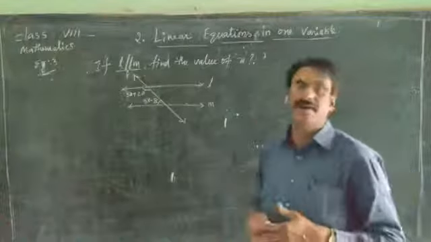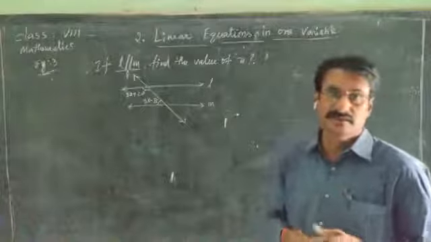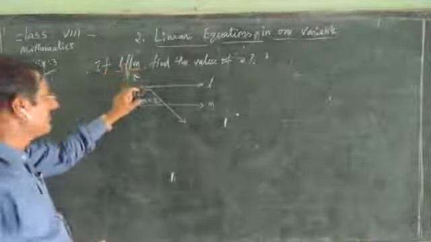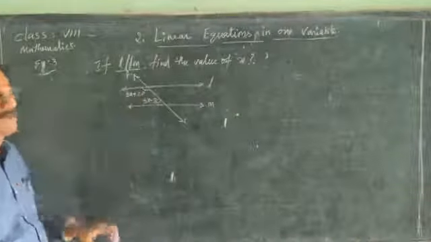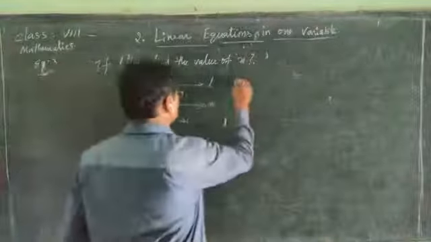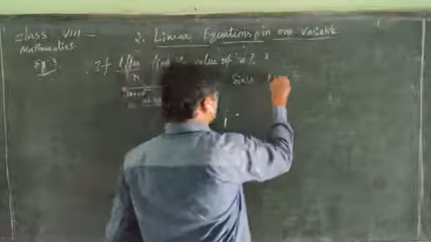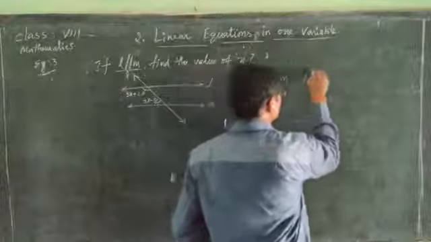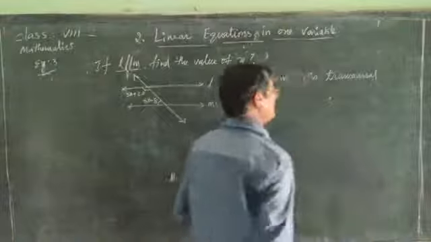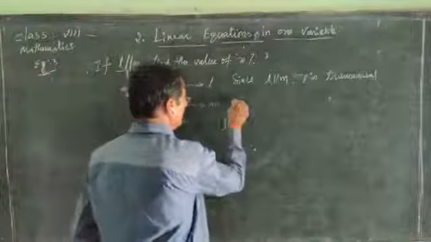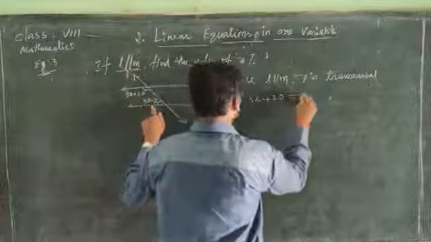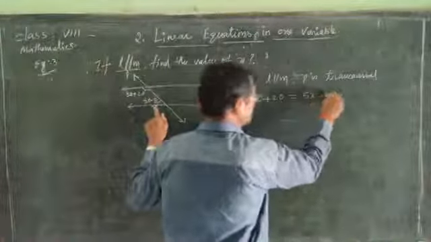So the properties of parallel lines: if a transversal intersects the parallel lines, then the co-interior angles formed are equal. So, since L is parallel to M and P is a transversal, then 3x plus 20 equal to 5x minus 8.